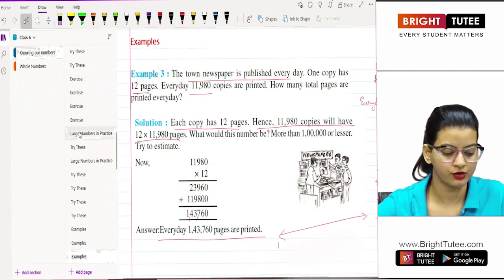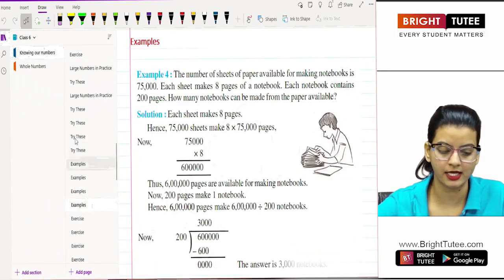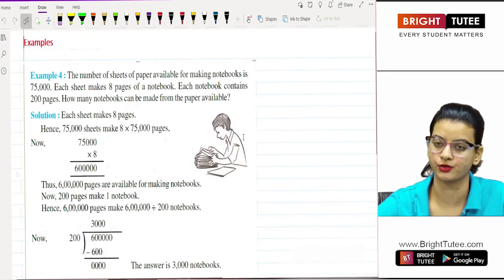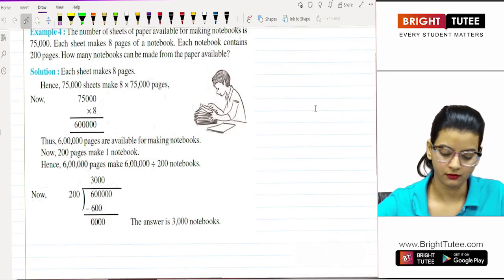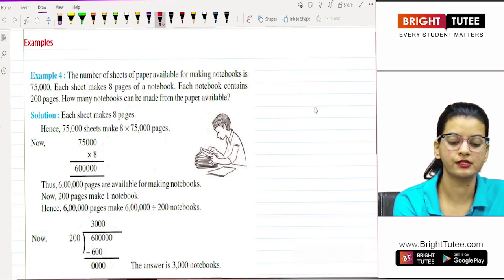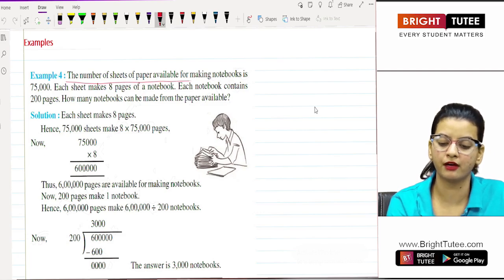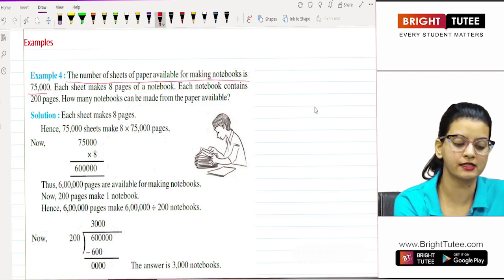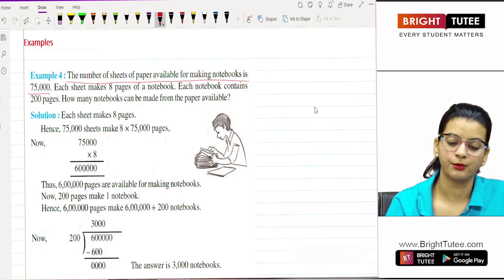Alright, let's move on to the last example question, and after that we are going to solve some exercise questions. Okay, so here the question is, the number of sheets of paper available for making notebooks is 75,000.